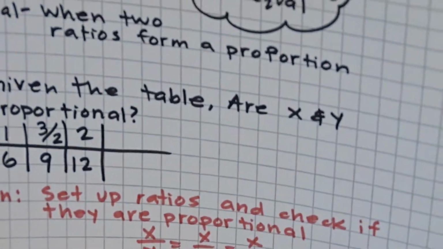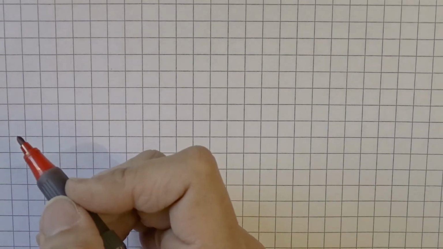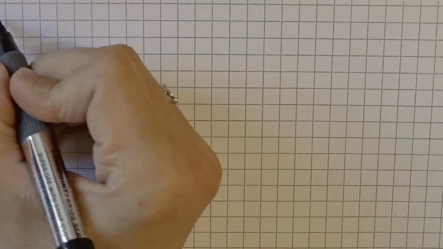Now, in the real life application, we have rates. Rates are a comparison of two quantities, and we can actually have rates that are proportional. So let's look at example 2.